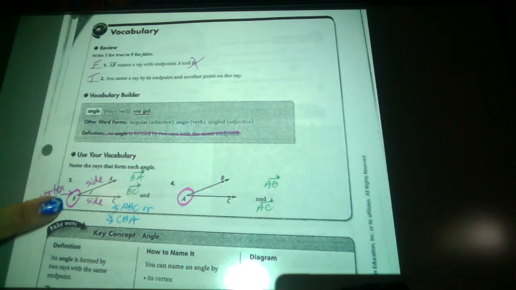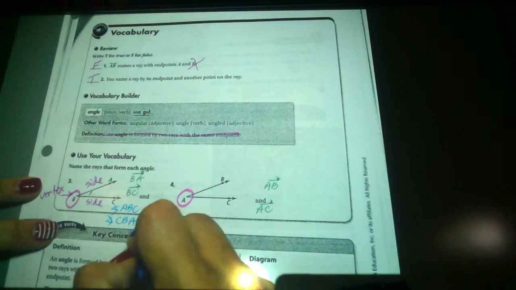So I definitely would put an arc through there. So angle ABC, or you can name it angle CBA. There are 2 ways that I could name this angle. And if I had the 1 in there, we could also name it angle 1, but only if the 1's in there. You can't put the 1 in there and name it 1 otherwise. There's no other way to name this angle. Those are the only 3 ways.